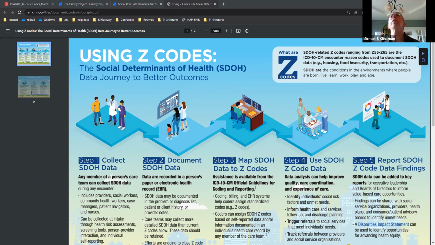I'll make another old family doc comment here, and for what it's worth, we see some of the same problems with other interfaces between primary care, community care, and more specialty level medical care. And we see it in behavioral health symptoms that don't rise to the level of a behavioral health diagnosis.